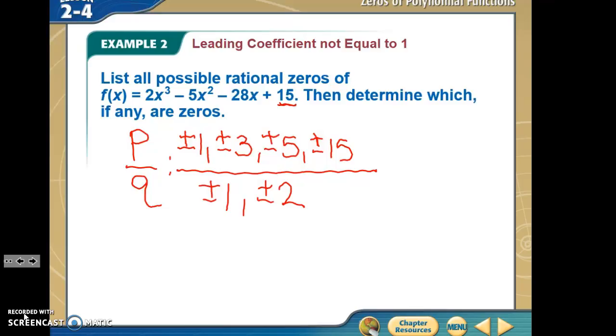So now we have plus or minus 1 over 1. We have plus or minus 1 over plus or minus 2, so plus or minus 1/2. We have plus or minus 3 over 1, or 3. And then plus or minus 3 over 2.